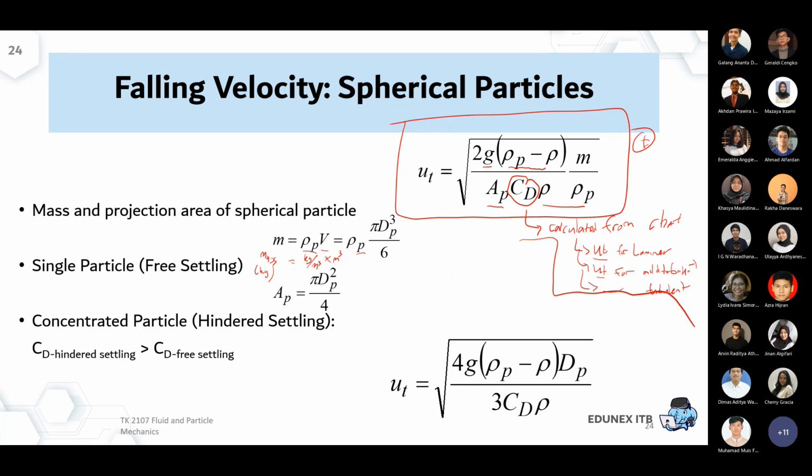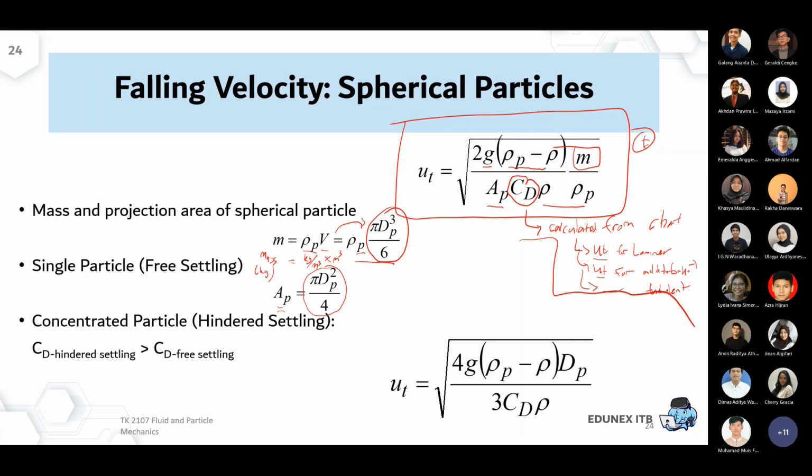If it's a sphere, then the volume can be substituted with pi d cubic per 6. The same thing over here: now we are ready to substitute this m with rho pi d cubic per 6. In the bottom part we also have A, which is also a function of particle diameter, pi d square per 4.